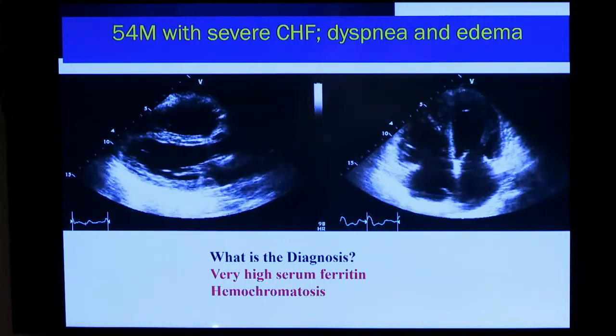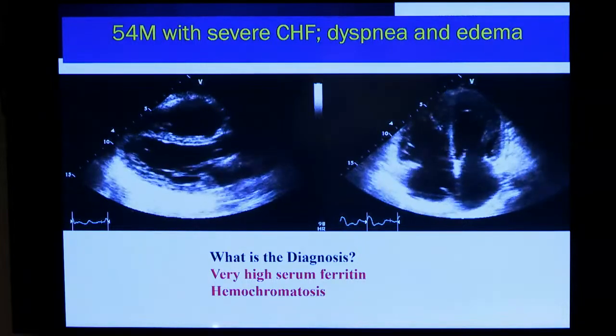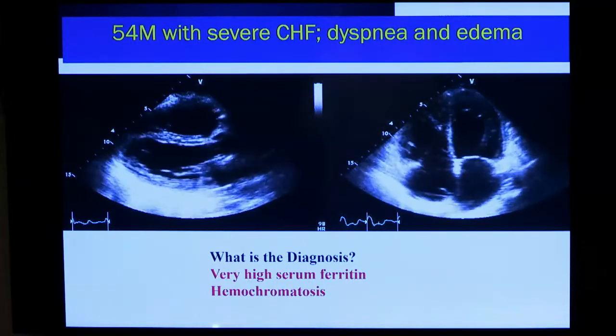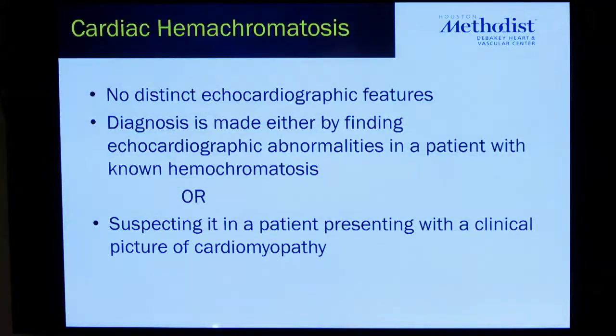And in fact, it's not a bad idea as a clinician in any new patient coming in with a dilated cardiomyopathy finding to throw in a ferritin. It's very cheap, doesn't cost much, and you might discover early a diagnosis. We're going to hear later the role of CMR in hemochromatosis, but a simple ferritin examination in a patient presenting with a dilated ventricle and low EF can start the ball rolling nicely.